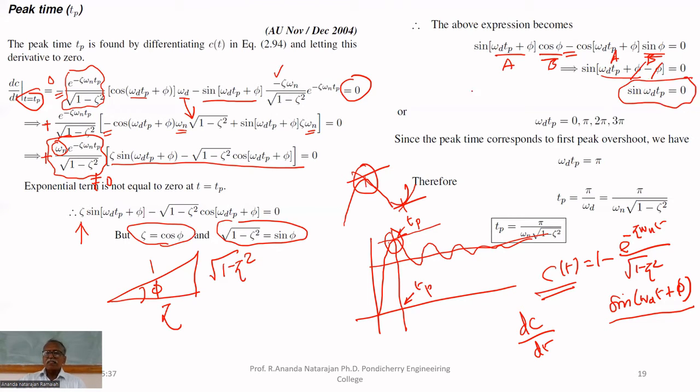But that means omega d tp equal to either 0, pi, or 2 pi, etc. This is happening the first time. Therefore, we can equate this equal to pi, as we have seen in the previous derivation. Omega d tp equal to pi. Therefore, tp equal to pi upon omega d, or we can say pi upon omega n square root of 1 minus zeta square.